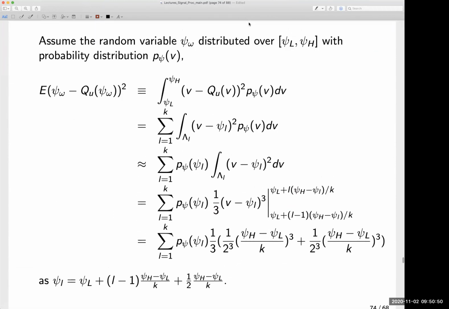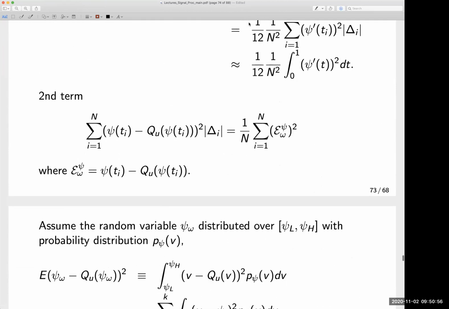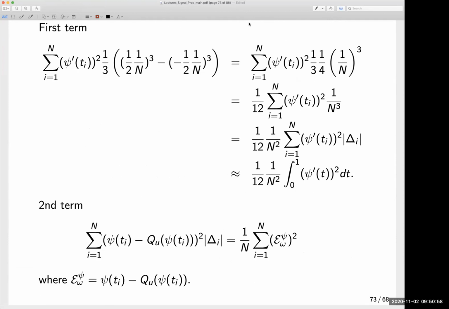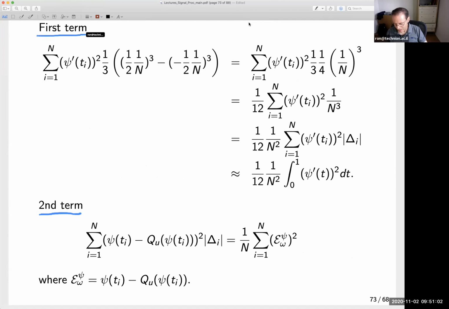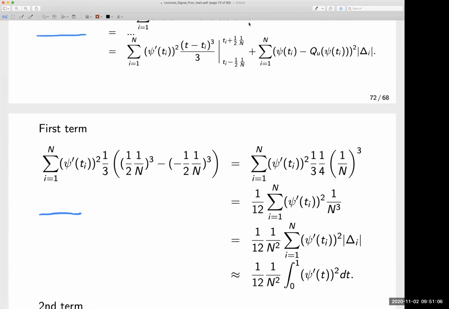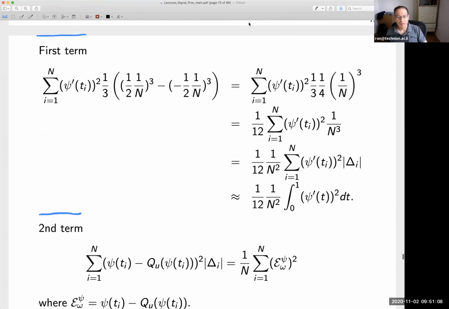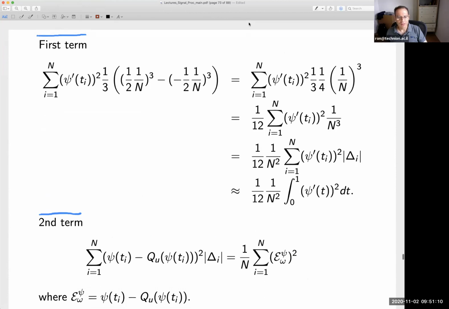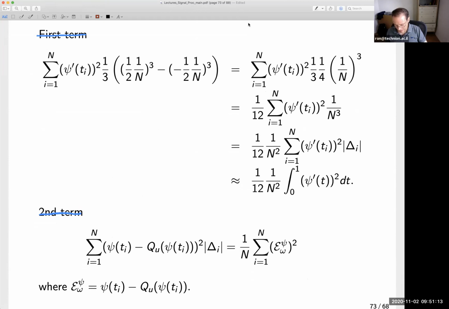Can I ask a question? Of course. Where did the delta I go in the last equation? In the second term? The second term or the first term? The second term. So let's go to the second term. Remember that what we have here is, let me just do it like that. Oh, because, remember, 1 divided by n?